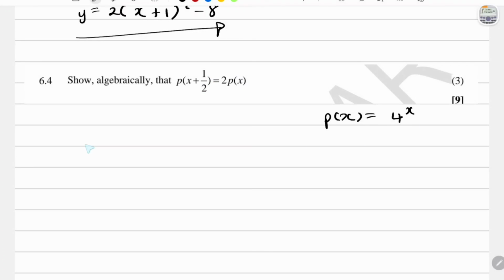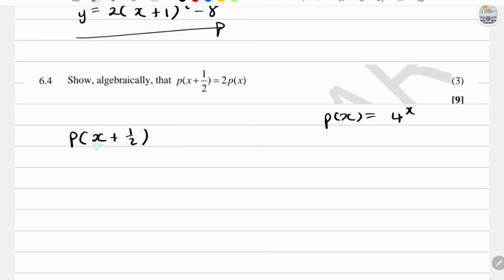And what we're going to do here is this. We're going to prove to them that this is actually equal to this. So since we know what p of x is, they want us to prove to them that p of (x plus a half), right, is equal to this. Let's find out what p of (x plus a half) is if we apply it to our equation of p of x.